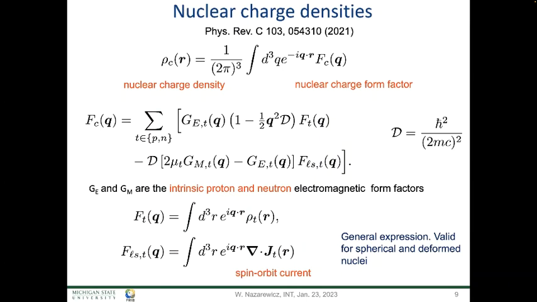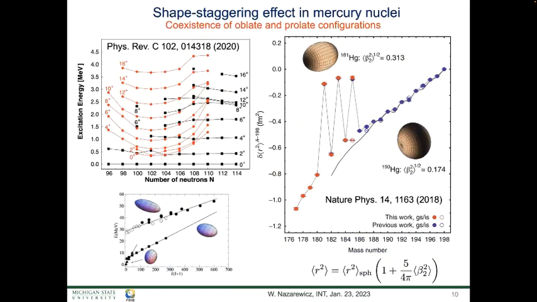There's also a magnetic contribution to this charge density, coming from the fact that you have currents and magnetic moments. So this is just a comment that in sophisticated nuclear structure calculations, one tries to take into account all those effects, also when talking about nuclear shapes.